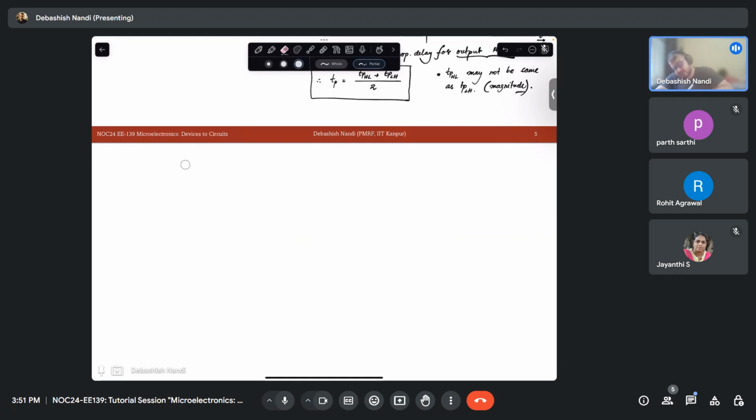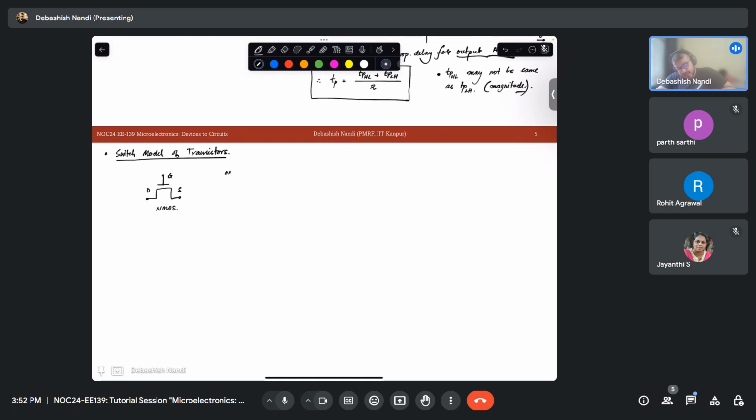Let me first tell you about the switch model of transistors. So this is an NMOS. This is gate, this is drain, this is source.